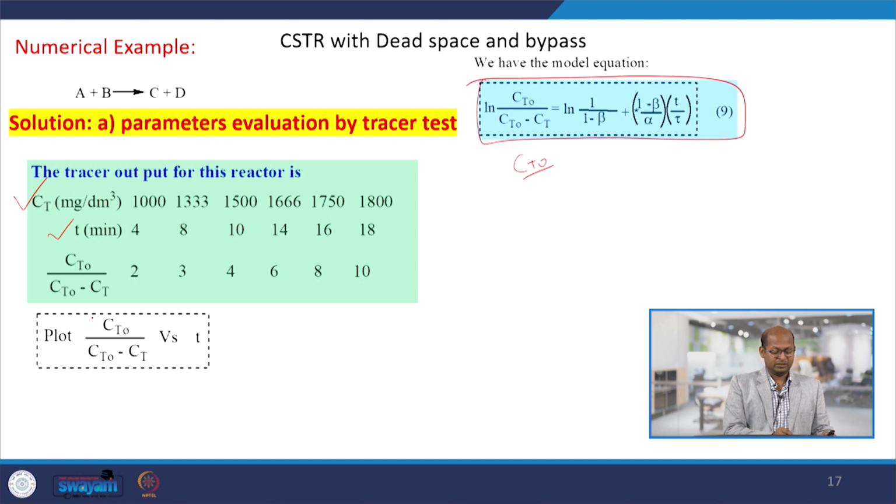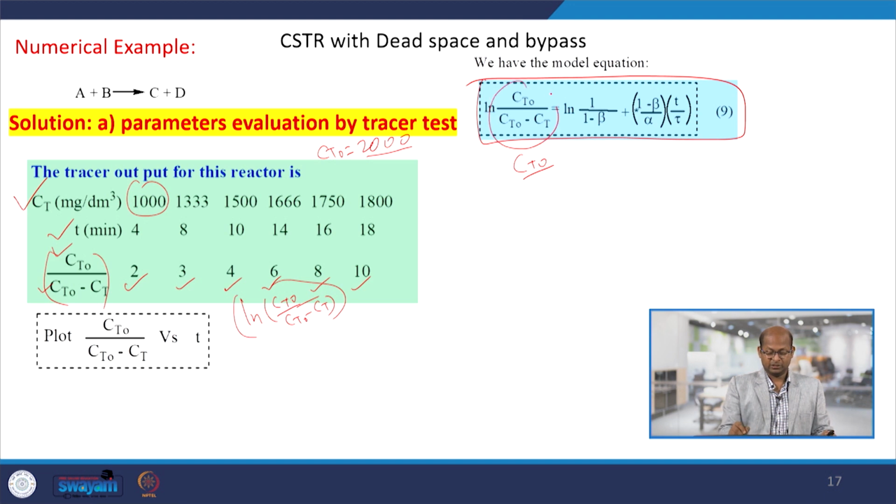So, from this value we can find Ct0 by Ct0 minus Ct, and we can develop this table. Once this table is developed, after that we can find ln of Ct0 by Ct0 minus Ct in the left hand side.